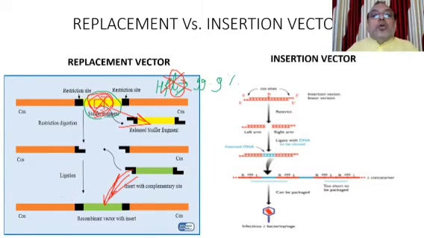So here you don't have the stuffer region. So how will we identify this after the transformation, after the integration of the desired DNA?